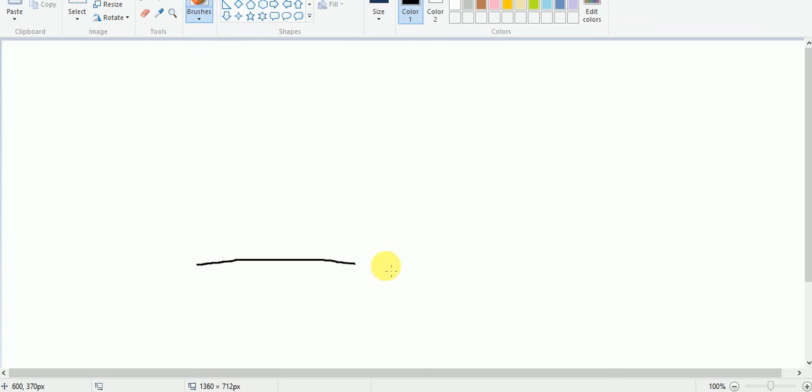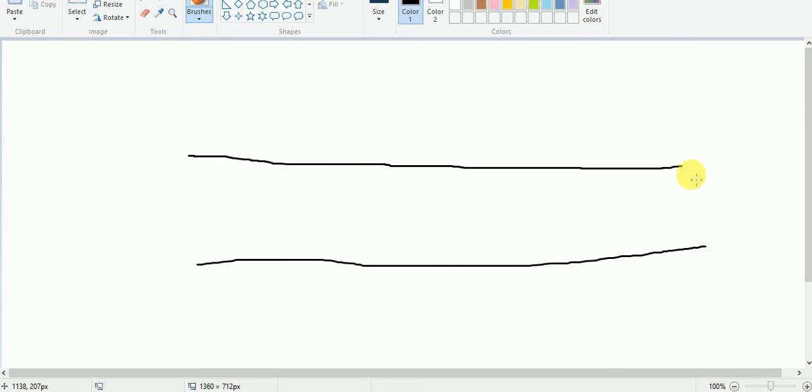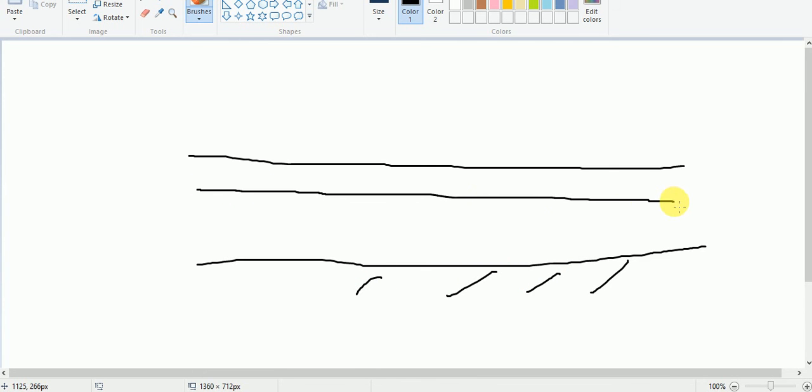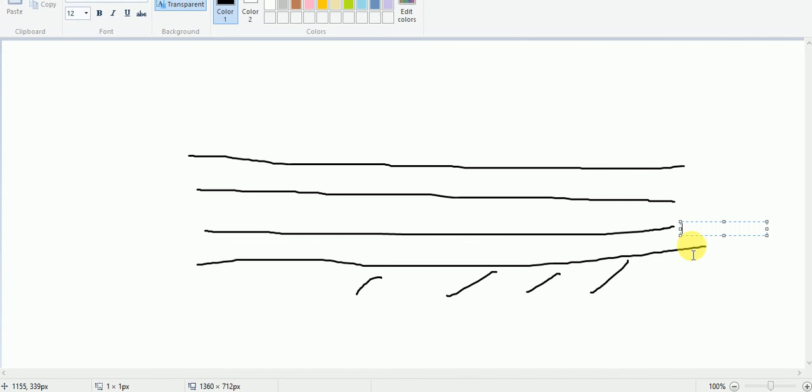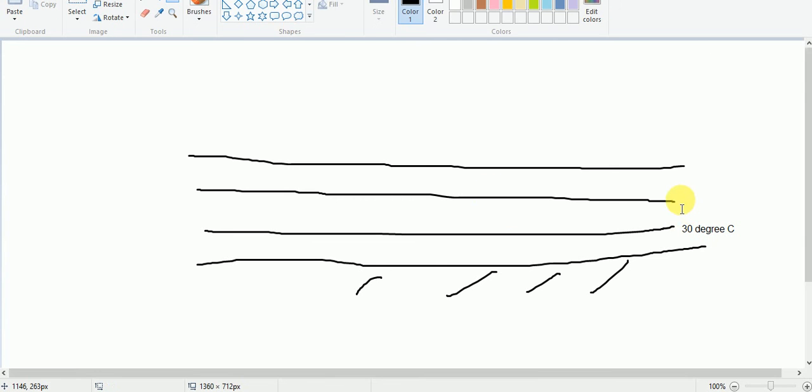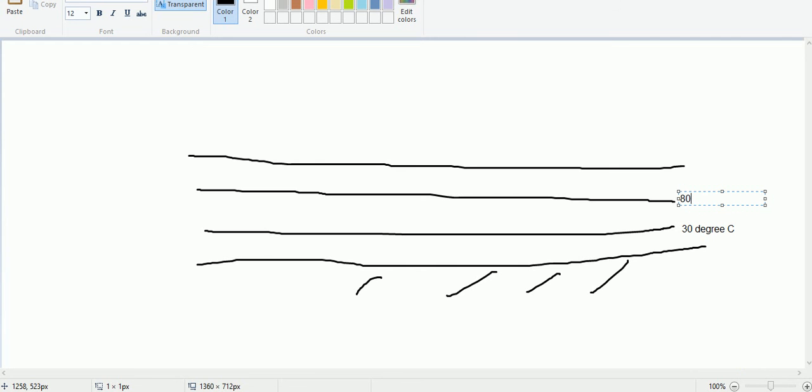Just see here, let us say this is a large land mass, and an air mass is a very thick layer of air. In an air mass, the temperature condition and the humidity condition remain the same. For example, this is an isotherm, and let us say the temperature here is 30 degrees Celsius, and the humidity here is, let us say, 80%.